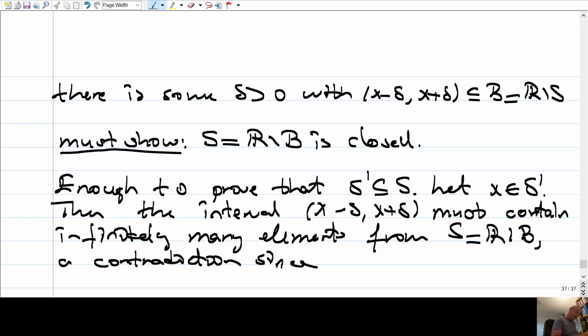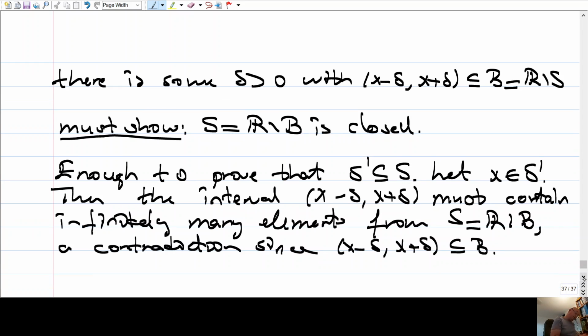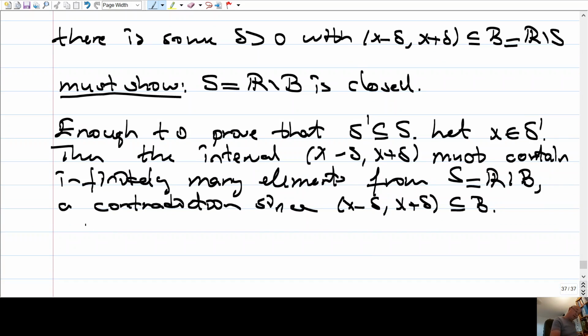Since this interval lies inside B. Okay, so we have the following. This set contains infinitely many elements from the complement of B, and it's also contained in B. That's a contradiction, right? So we are done.